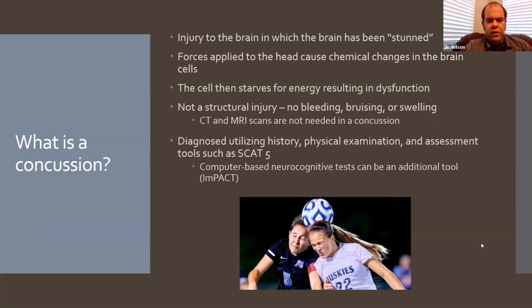Impact is a particular brand of neurocognitive test that is computer-based. Basically, these neurocognitive tests are able to assess cognitive function, memory, retention, patterns, things of that sort. They also measure reaction time, and they can be a helpful tool.